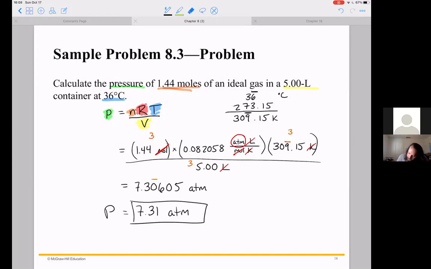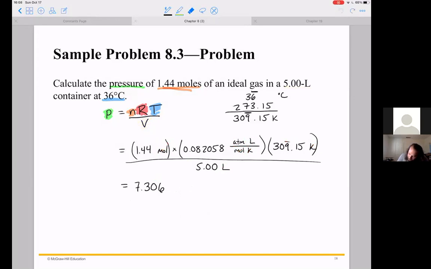Okay, so now let's just see, going back here, what's going to happen if instead of using the value for R that I decided to pick, I use the different value?